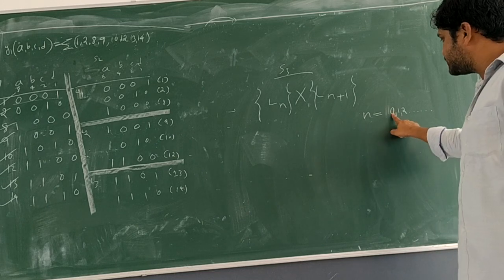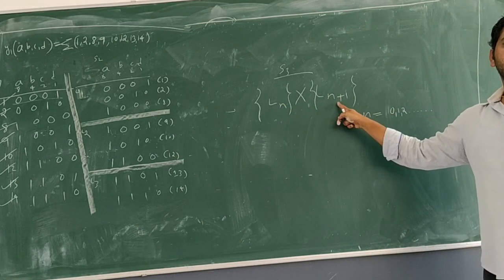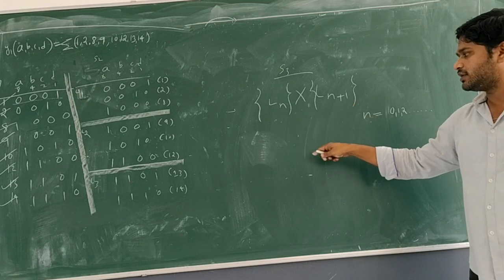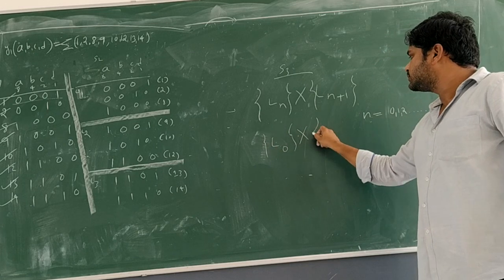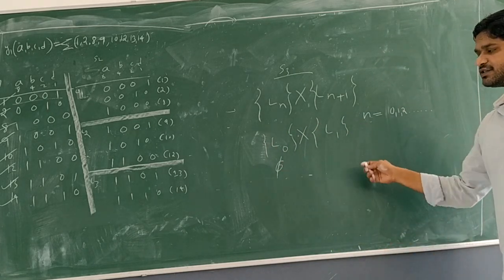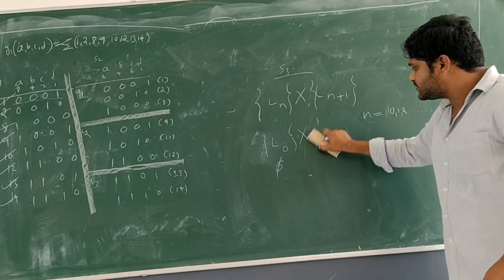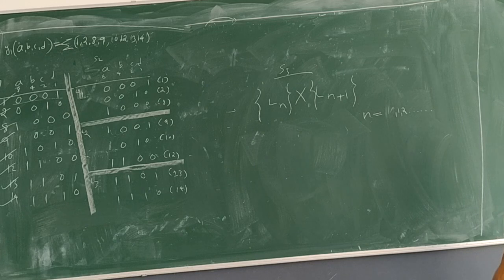First substitute 0: L0 Cartesian product with L1, because it is 0 plus 1. Since L0 is null, the Cartesian product will also be null. Hence, we will not substitute 0 for this problem. For other problems, look into the condition and check.